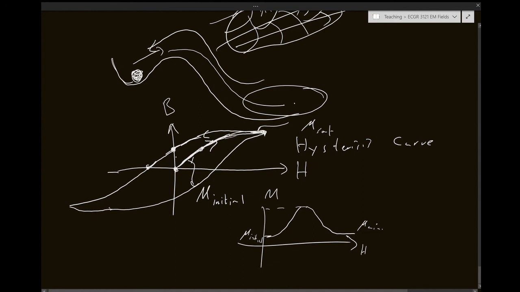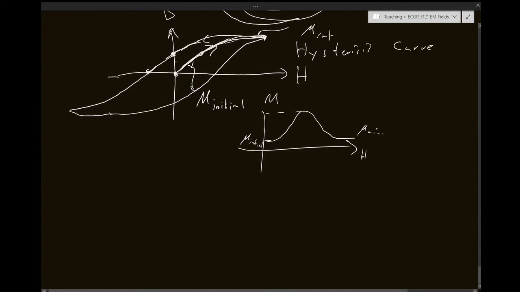And by the way, this hysteresis curve is going to depend on the frequency of H, how fast we are varying H. If we vary H slowly, we might get a thin curve like this. If we vary H at a higher frequency, you might get something like this.